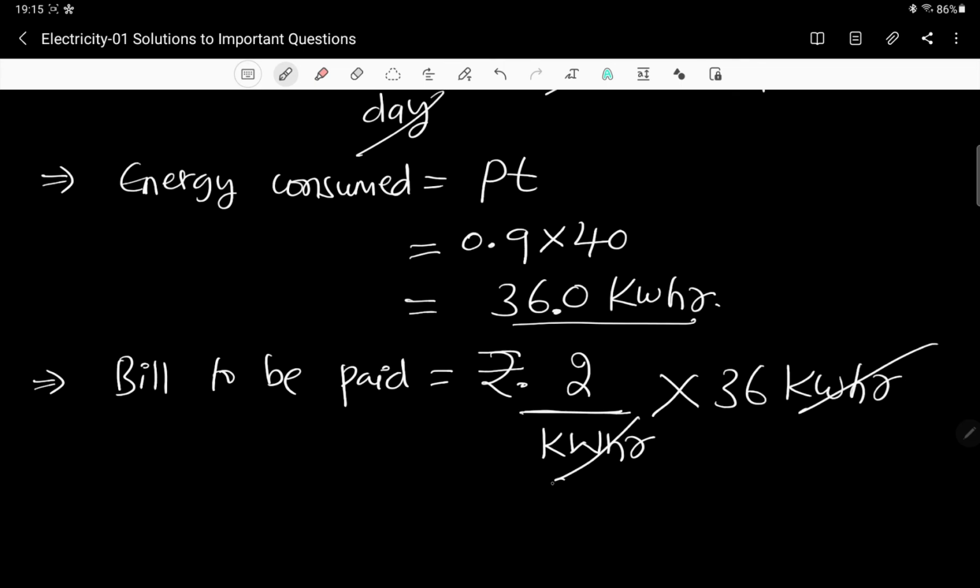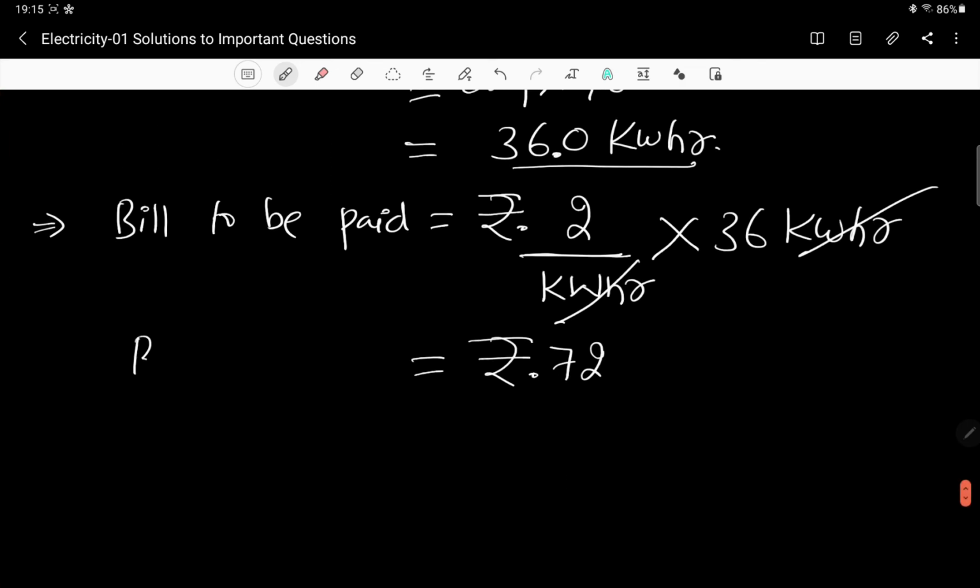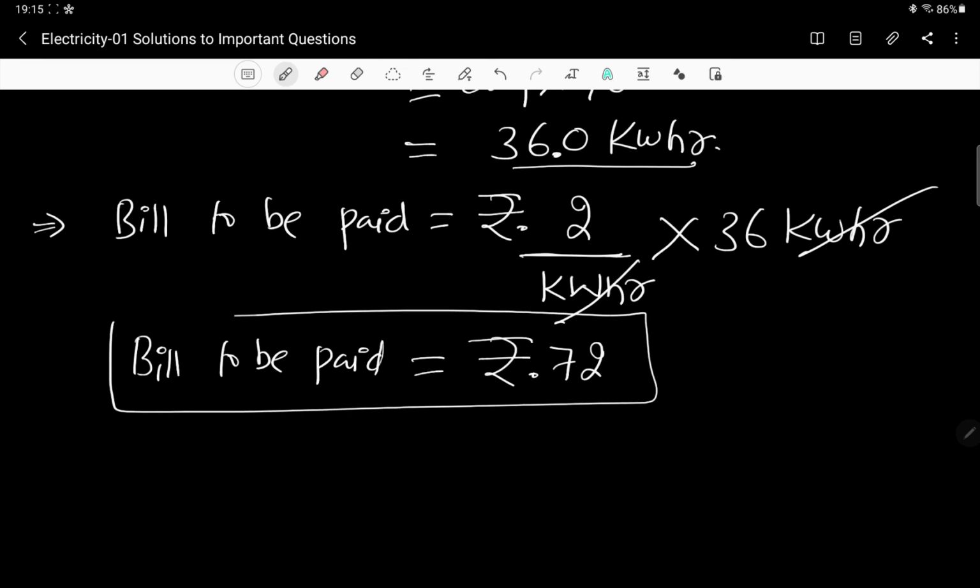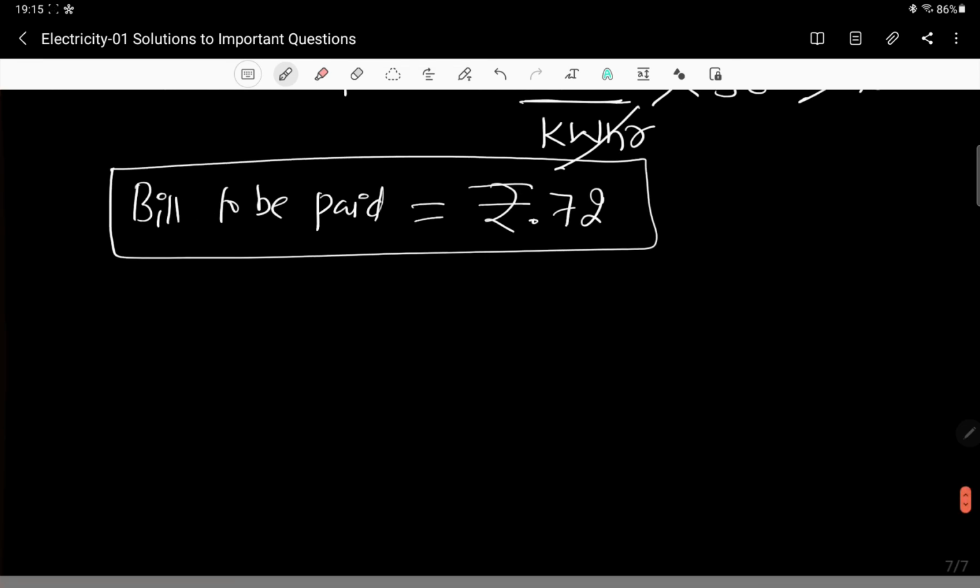So this kilowatt hour gets cancelled. 2 into 36 is 72. So that is going to be 72 rupees. So the bill to be paid is equal to 72 rupees. So I think it's quite a simple question. So that is also done.